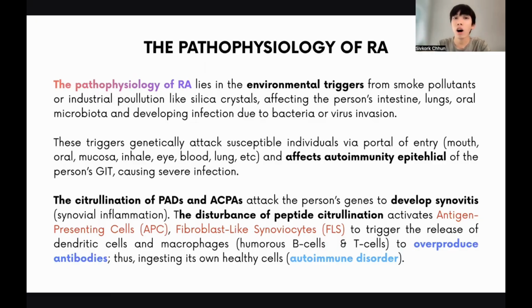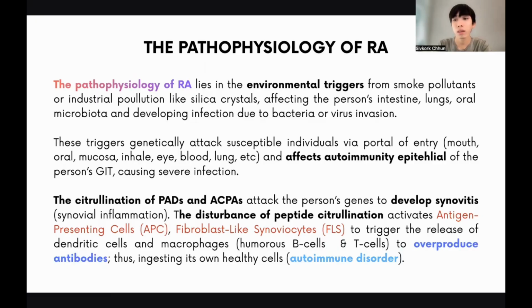The citrullination of PAD and ACPA. As mentioned previously, PAD is the peptidyl arginine deiminase enzymes, and ACPA is the anti-citrullinated protein antibodies. So the citrullination process converts through these two processes, and then it attacks the person's genes.